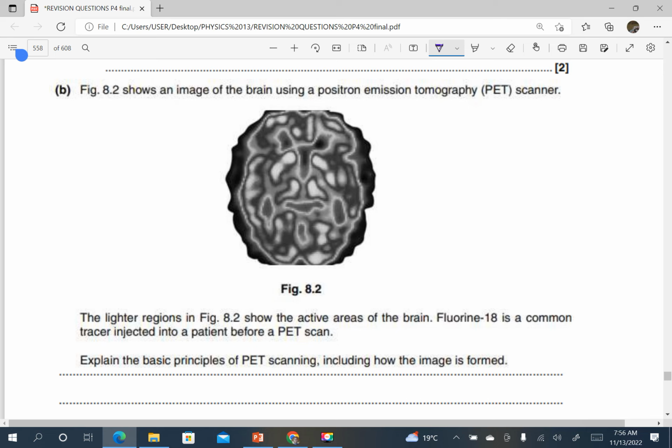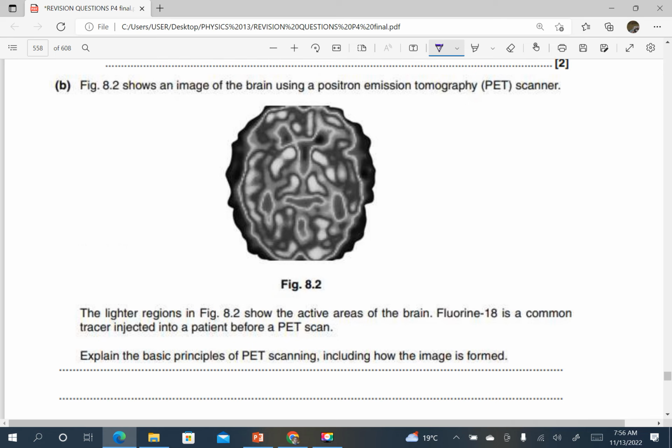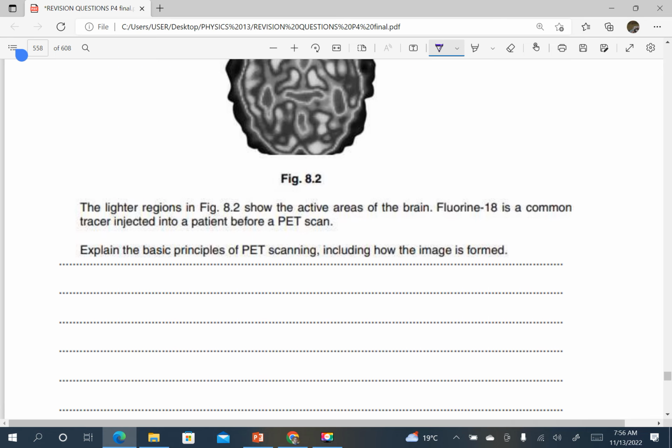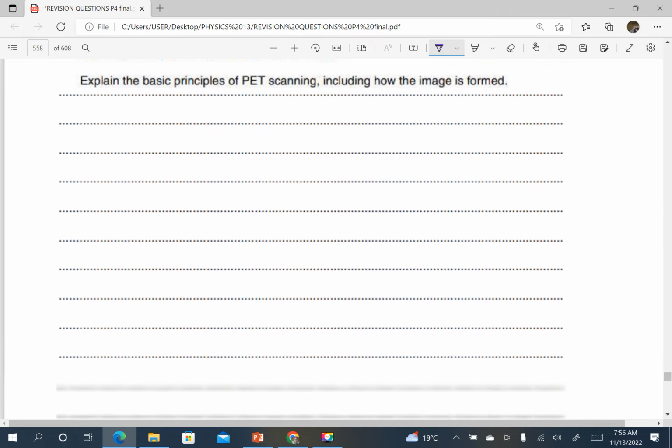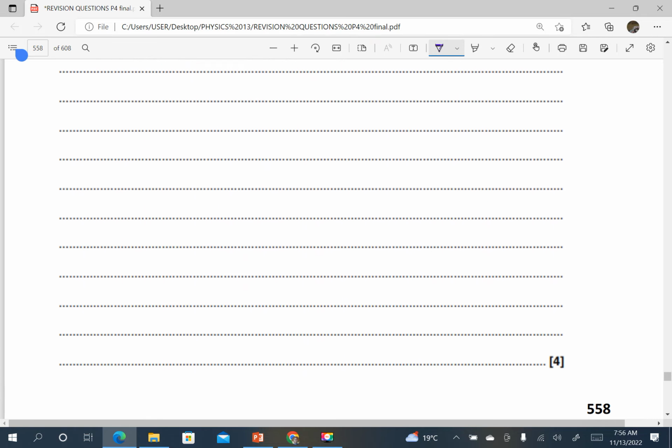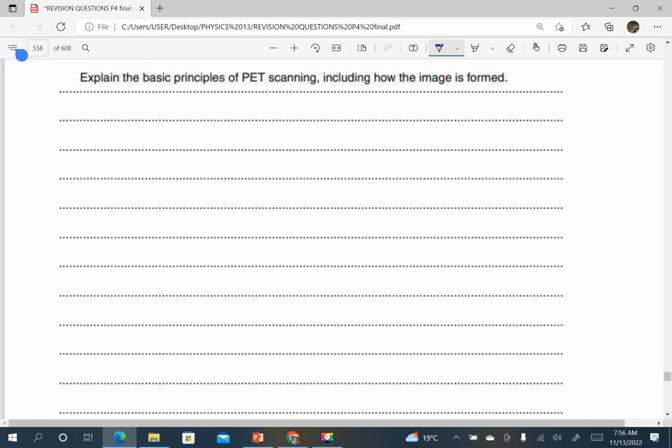Explain the basic principles of PET scanning, including how the image is formed. We have explained this on page 554. I will not repeat it. You can revisit it and see how the image is produced.